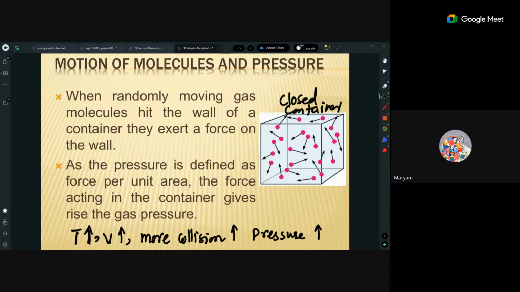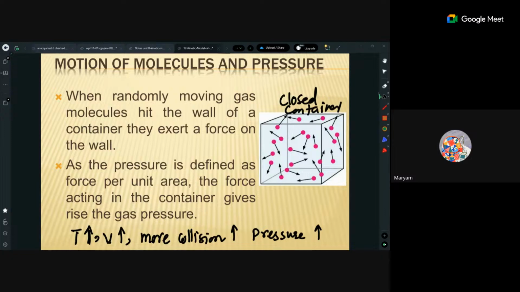Good, but I have a question. That means we have more concentration. More concentration means more collisions. Yeah, more concentration is something different. Concentration means the number of molecules is greater. How to know?